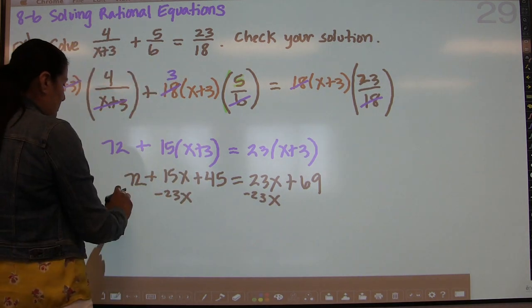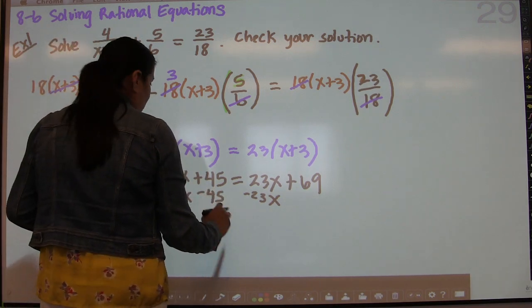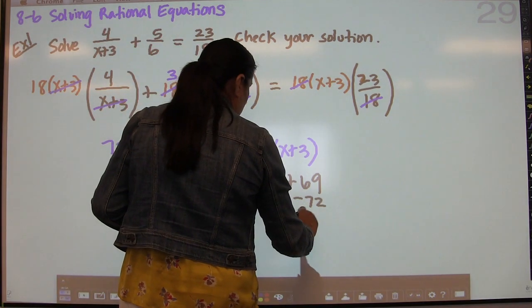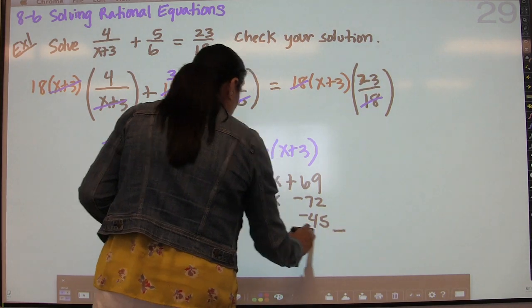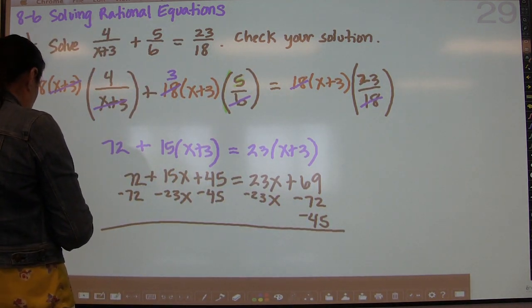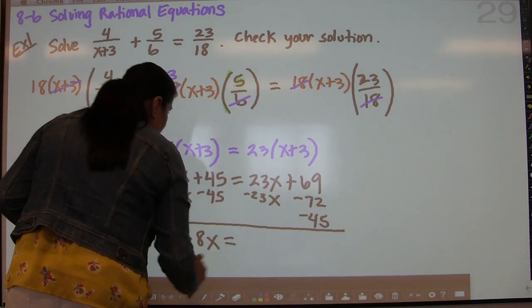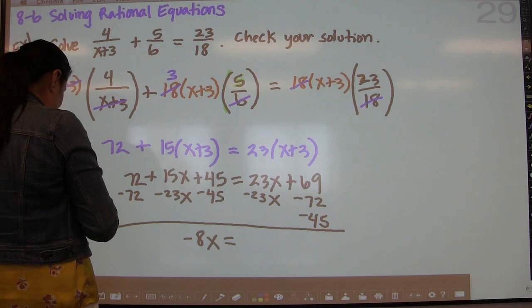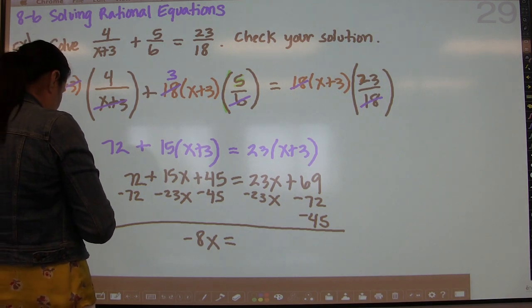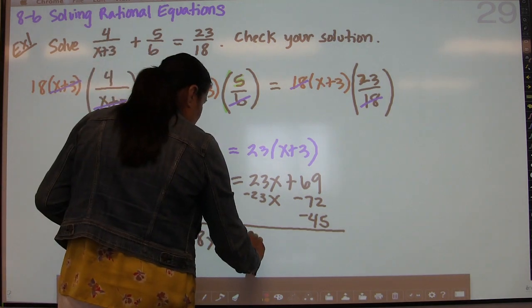And then we also want to take the 72 and the 45, and subtract 72 and subtract 45. So at the end of the day, we're going to get 15 minus 23, which is negative 8x on the left. And on the right, we're going to get 69 minus 72 minus 45, which is negative 48.